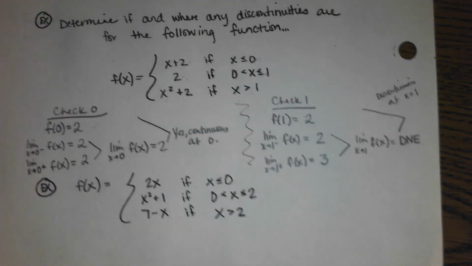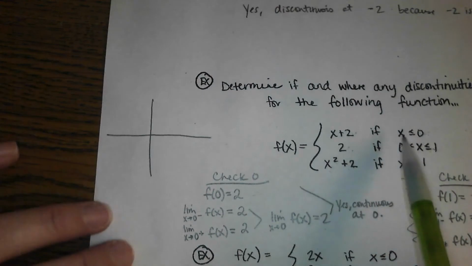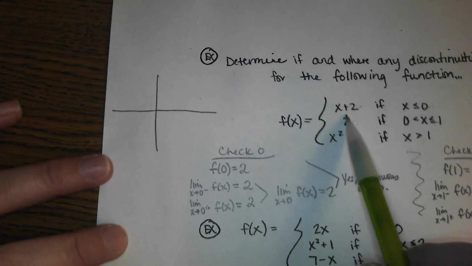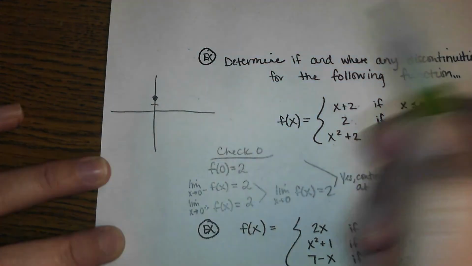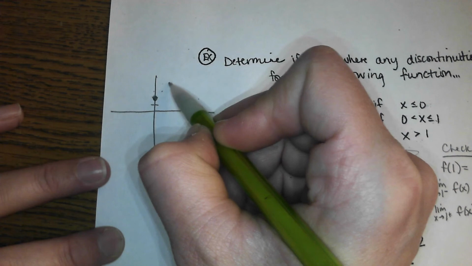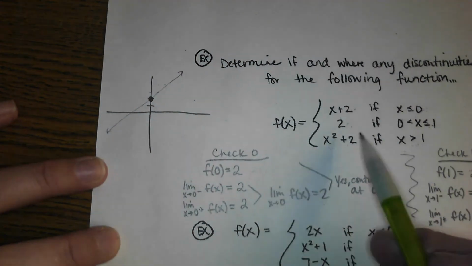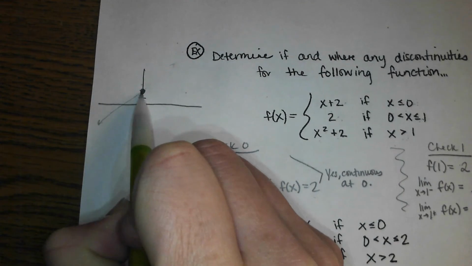Good? So let me show you what really visually happened here. Prior to 0, we were plotting the line x plus 2. That's a y-intercept of 2 and a slope of up 1 over 1, up 1 over 1. So it looked like this, but we only wanted that when x was less than or equal to 0, hence the solid circle.